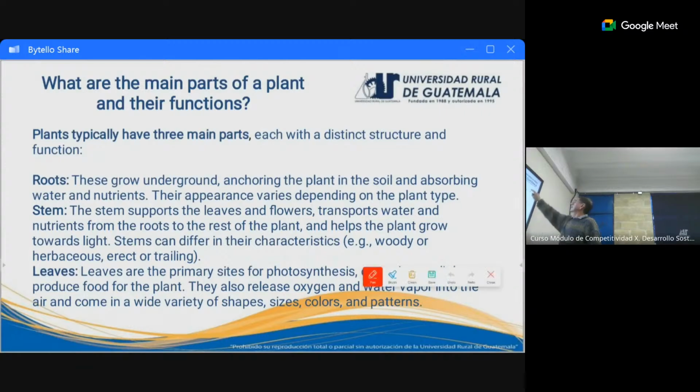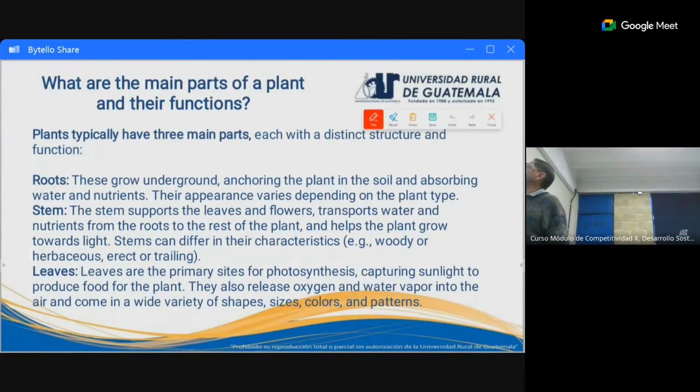So the three main parts of the plants are roots, stem, and leaves. Roots grow underground, anchoring the plant in the soil and absorbing water and nutrients.